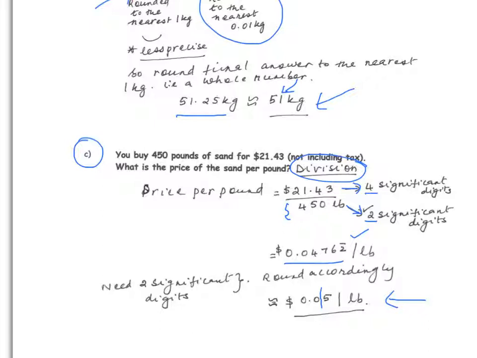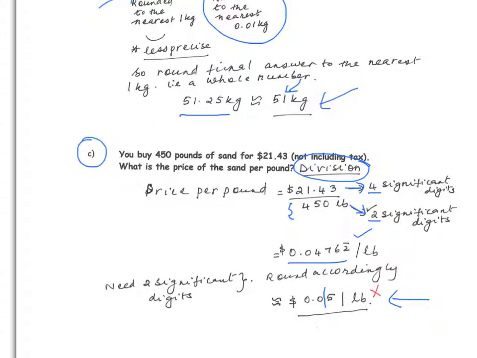So this answer only has 1 significant digit. So this would not be correct. So let's mark this wrong. So what would be the correct answer? We need 1 more significant digit. So let me just round this number to the third decimal place.